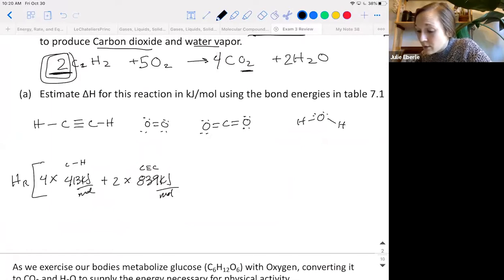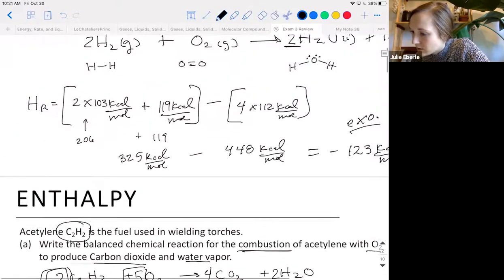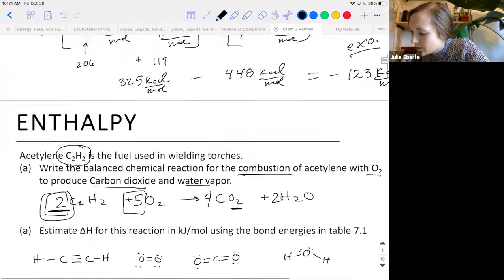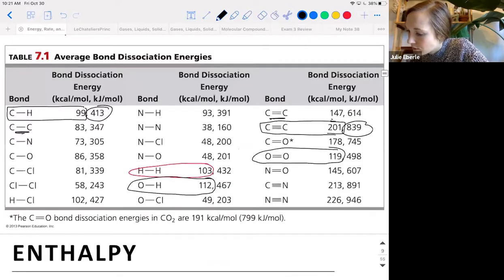And then we're still not done with the reactant side. And we have that oxygen double bond. And we got, look at that, 5 of these. So we're gonna do plus 5 times the value for the oxygen double bond, which I think was just on the previous slide because we had oxygen. So we're just, oh, that's kcals though. We gotta get it in kilojoules. What was it in kilojoules?